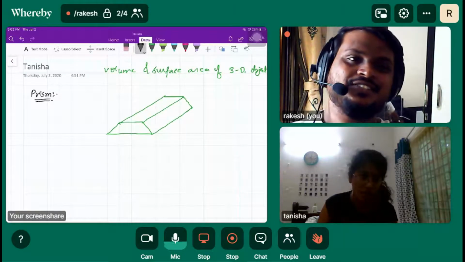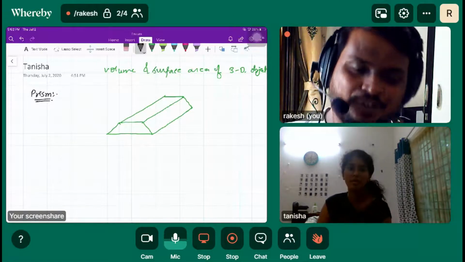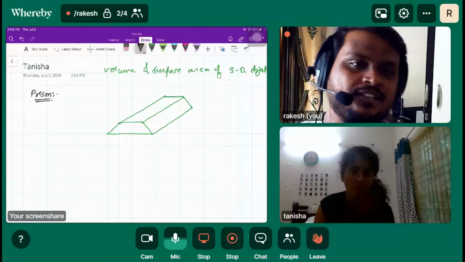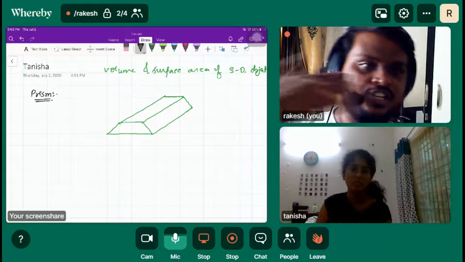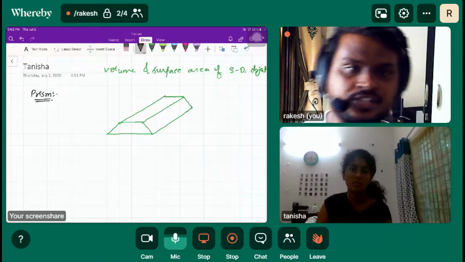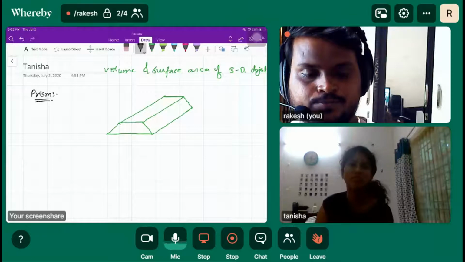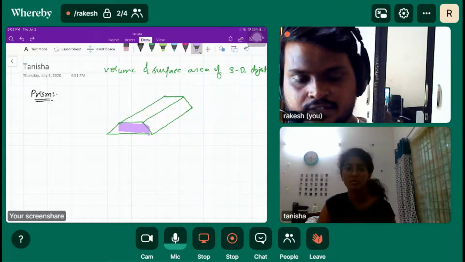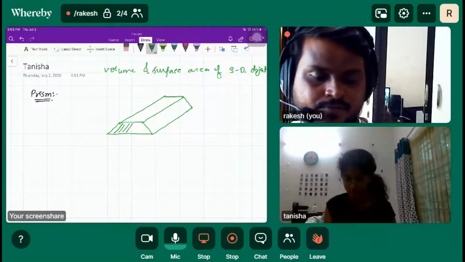Okay, sorry, my bad. So the topic is volume and surface area of 3D object. This is a prism whose cross section region is basically trapezium, right?